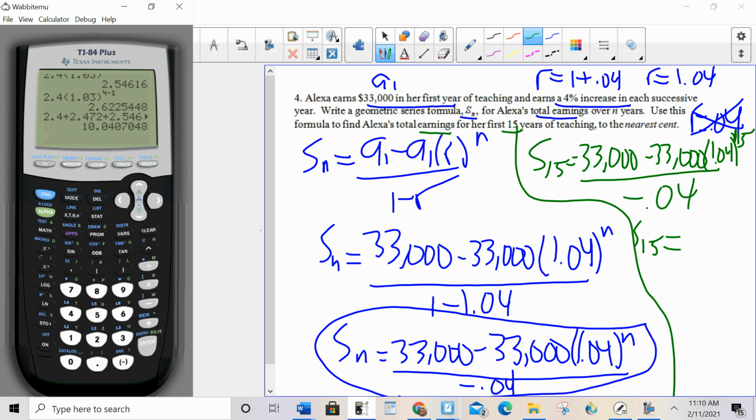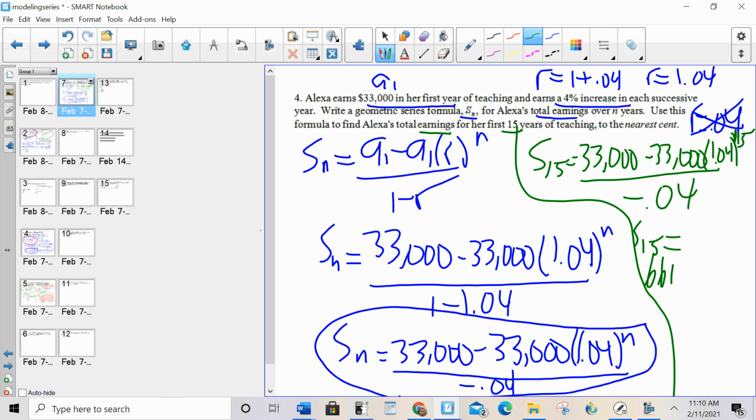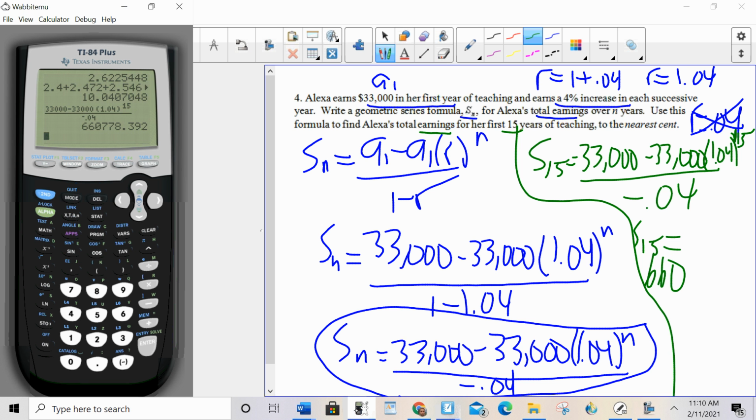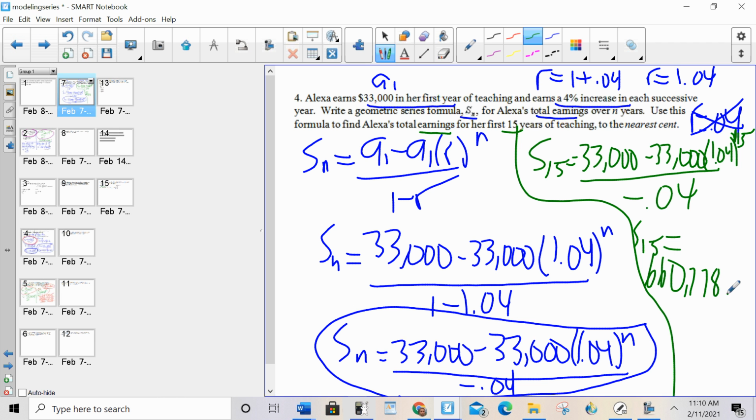S15 equals, alpha y equals enter, 33,000 minus 33,000 times 1.04 to the power of 15 over negative 0.04. To the nearest cent is 2 decimal places, so 660,778.39.